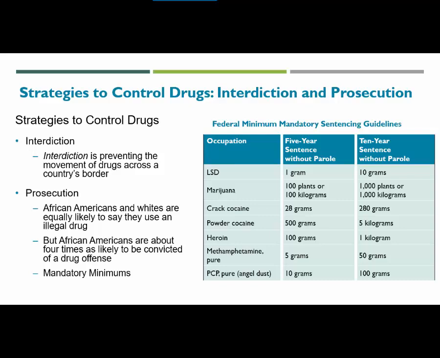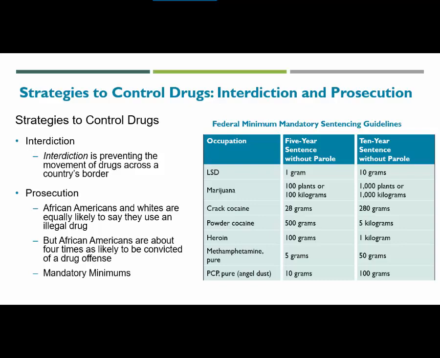And part of what has contributed to that growth in the federal prison population, in regards to those types of crimes, is the establishment of these federal minimum mandatory sentences. It meant that judges had a lot less leeway about what types of sentences they gave out for specific crimes.